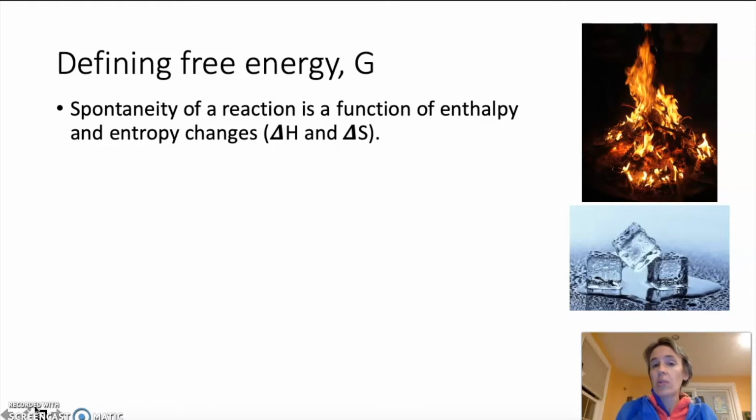This bonfire gives off a whole lot of heat. It's exothermic. So from an energy point of view, if the reactants are up here in terms of energy and the products are down here, we're getting to a more stable, lower potential energy situation over the course of that reaction. So exothermic reactions tend to be favorable.